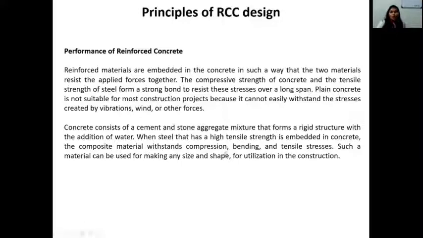Okay. Concrete consists of a cement, stone and stone aggregate mixture that forms a rigid structure with the addition of water. When steel with high tensile strength is embedded in the concrete, the composite material withstands compression, bending and tensile stresses. Such a material can be used for making any size, shape and for utilization in any kind of structure.